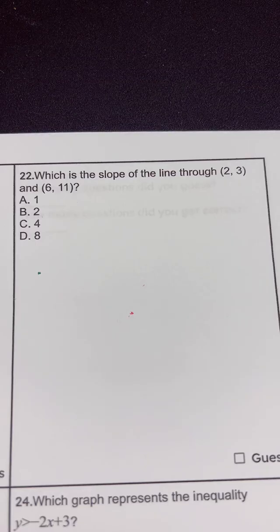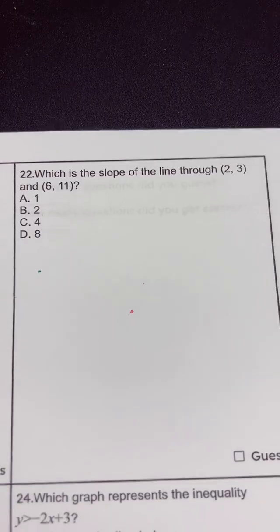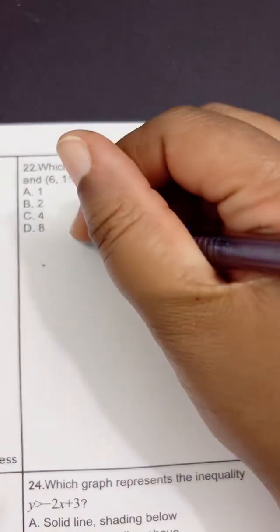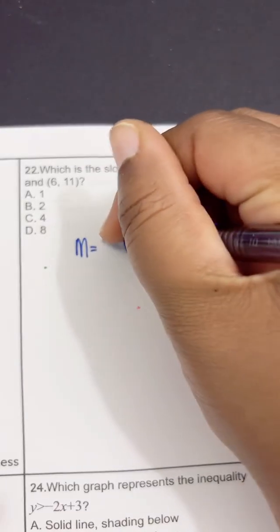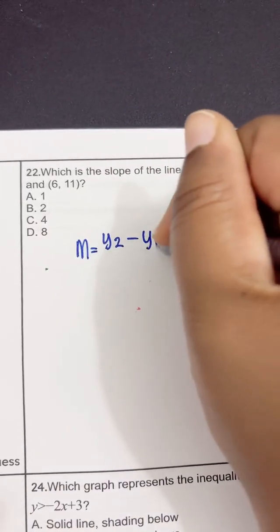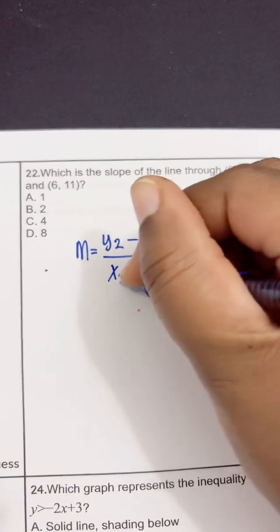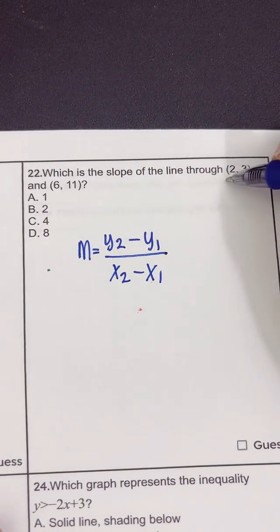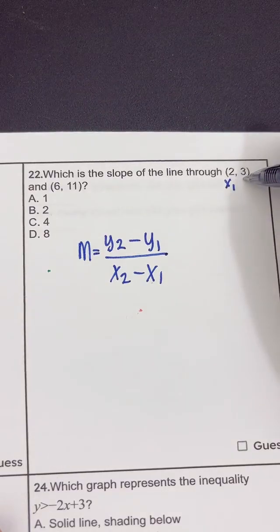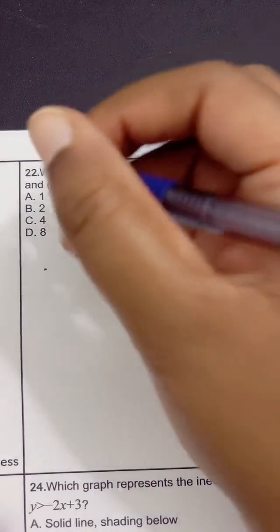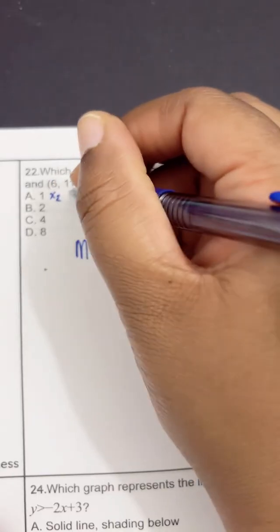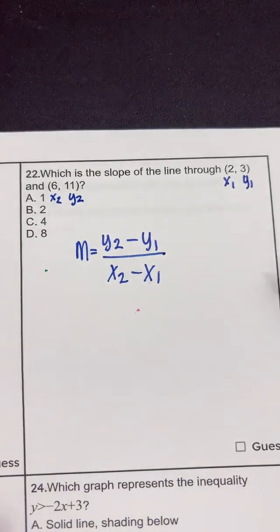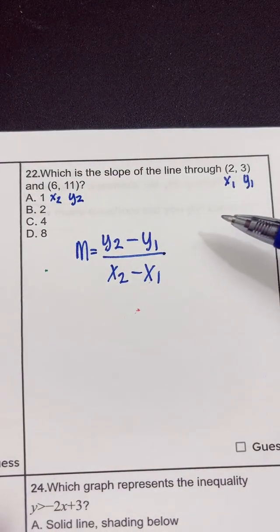Okay, we got 1, 2 and 1 right now. Our formula is changes in our y's over changes in our x's, right? So let's label this stuff. We got x1, y1, x2, y2.